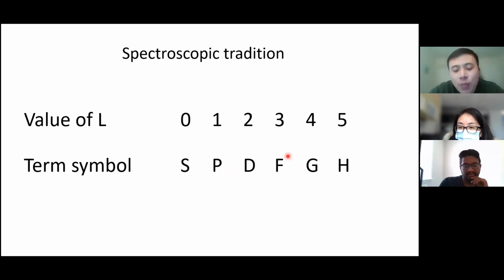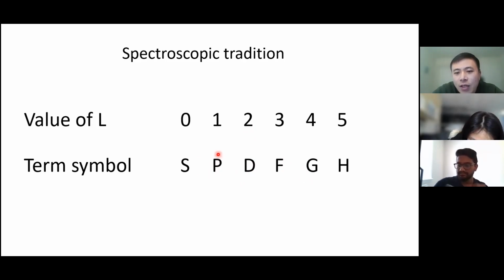P stands for principle, right? Thanks. Yeah, P stands for principle. So that's kind of a historic annotation of this terminology. And so in deriving atomic term symbol, we'll actually calculate the total L, the total orbital angular momentum. Then we name it as S, P, D, F, G.